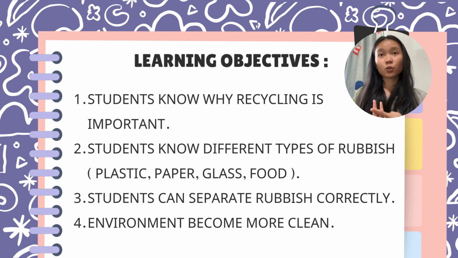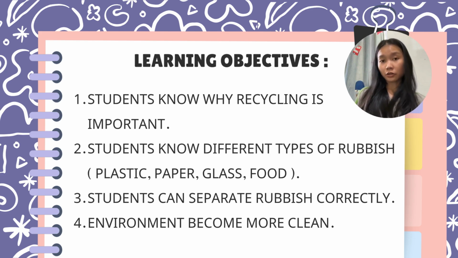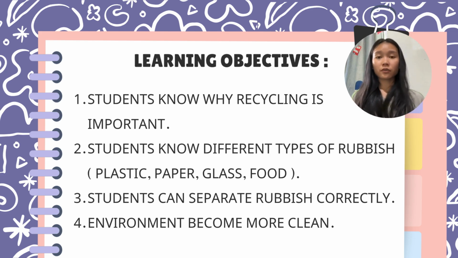Next, students will learn about different types of waste such as plastic, food waste, paper, and also glass. In addition, students will learn how to separate rubbish correctly into the right bins. Overall, these activities encourage students to take responsibility and help make the environment cleaner and healthier.